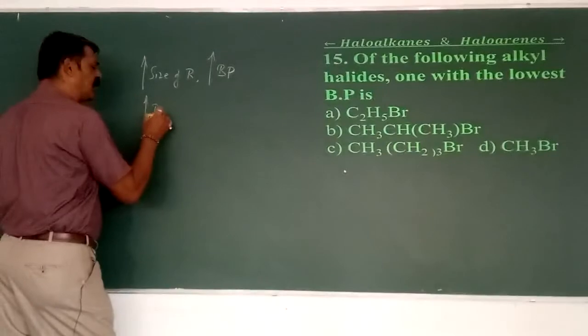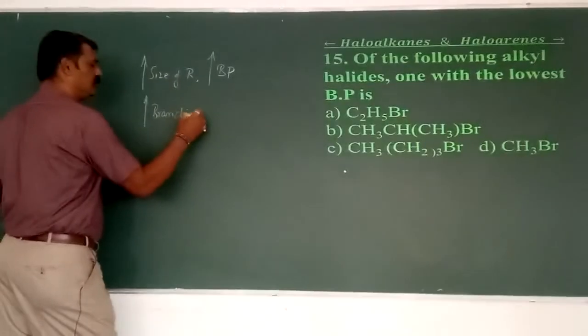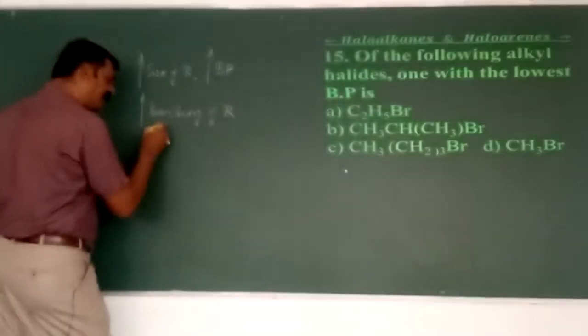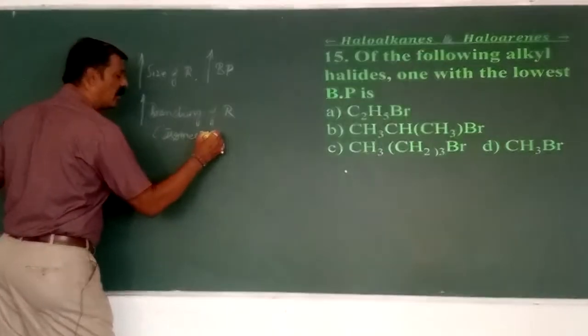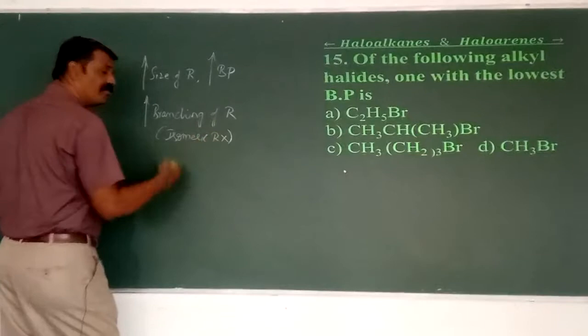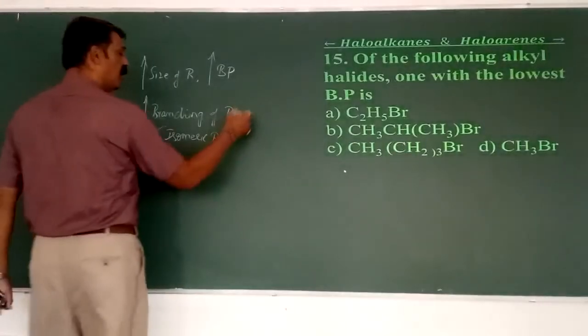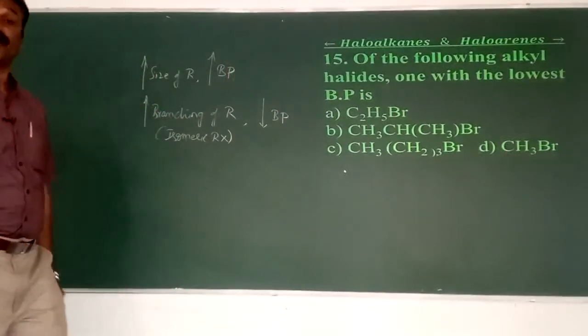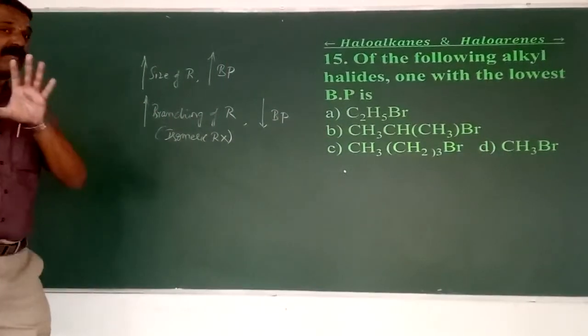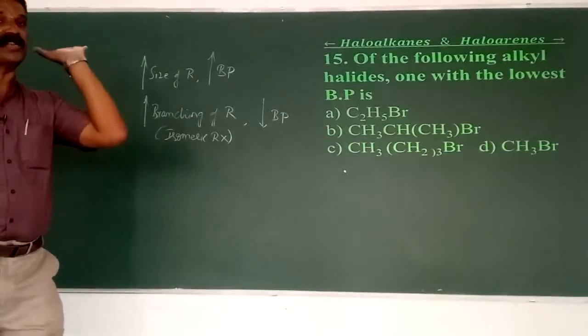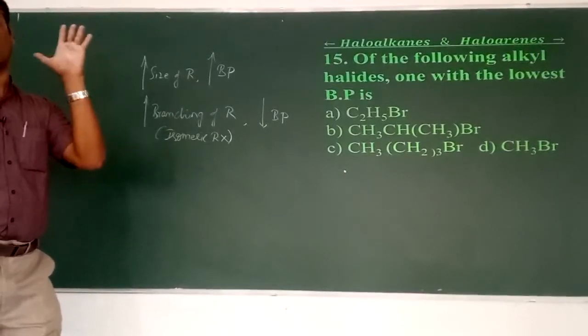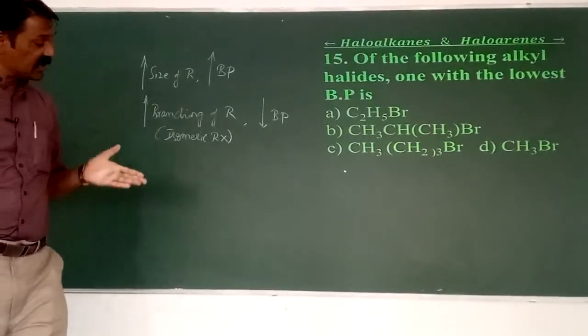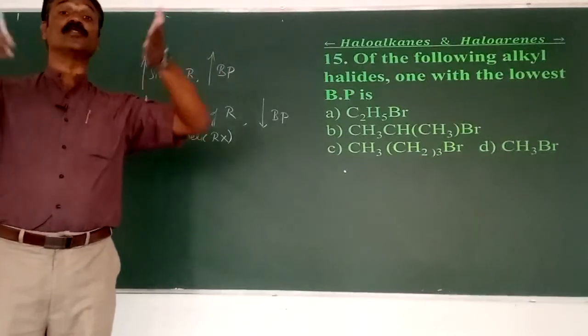Increase in branching of R is strictly for isomeric RX, meaning haloalkanes. The more branching, the lower the boiling point. That you have to remember first. For a given series, whatever it may be, organic family or functional group series, as the size of the alkyl group increases, the van der Waals force goes on increasing.